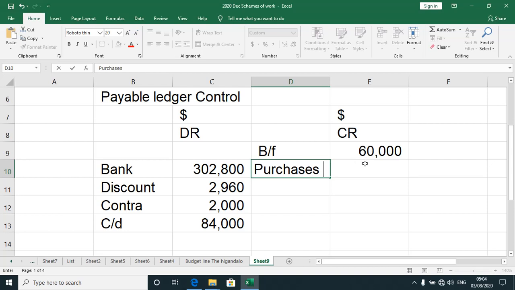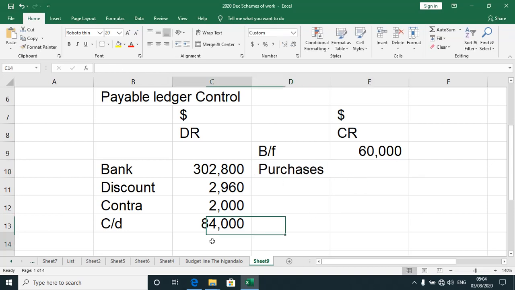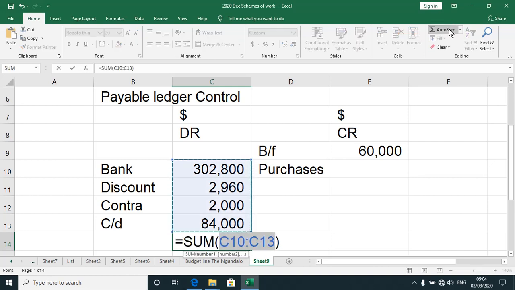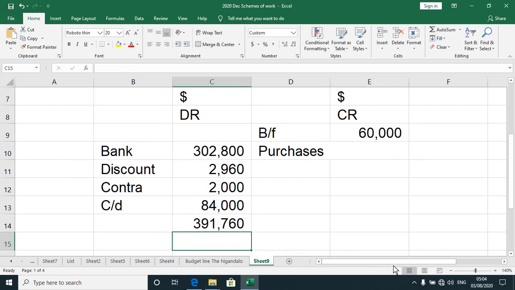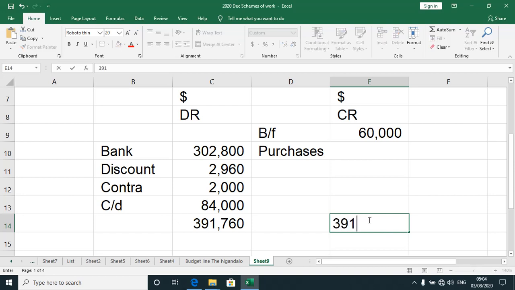So all you need to do is to balance your record. You sum up on this side, and you also sum up the same on the other side. I hope that you're seeing what I'm doing.